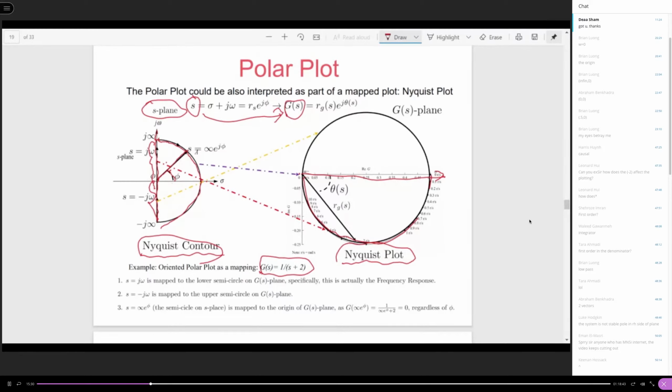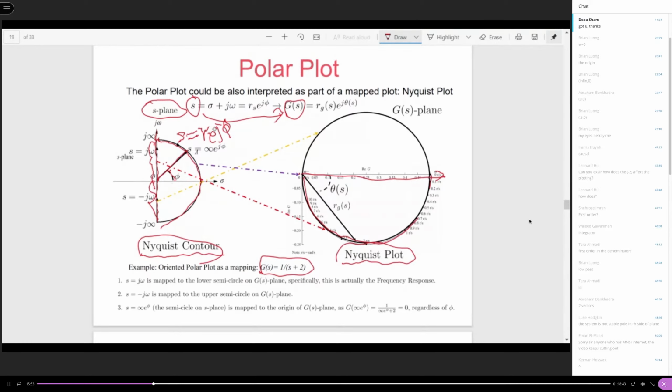If you find this hard to imagine, you can assume the semicircle has a finite radius. So s is equal to R e to the j phi.